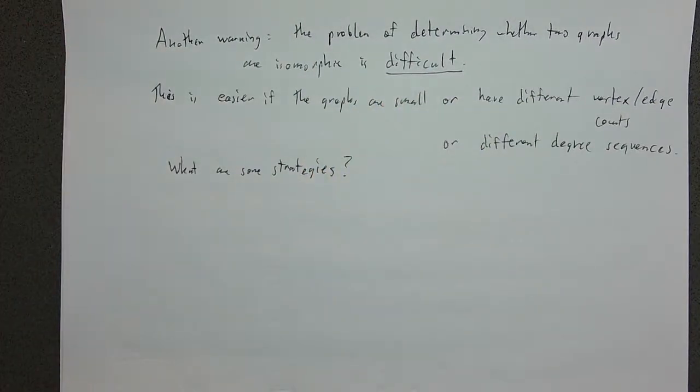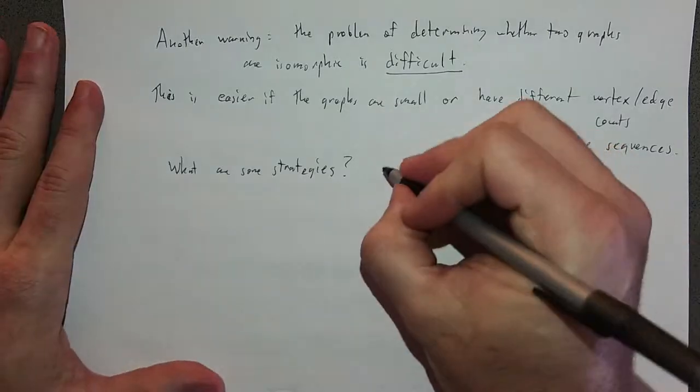Let's say they have the same vertex and edge count, and the same degree sequences. What are some strategies that you might use? You might remember that in fact 3, what had to be true if they were going to be isomorphic was that their complements needed to be isomorphic. So you could compare complements.